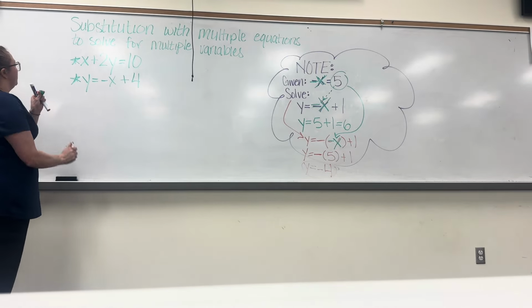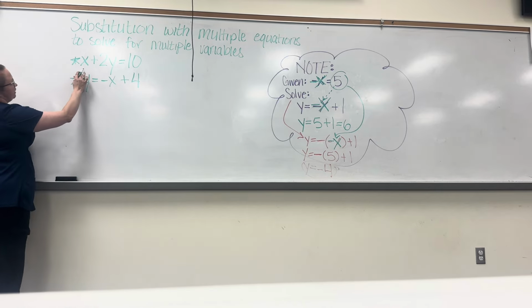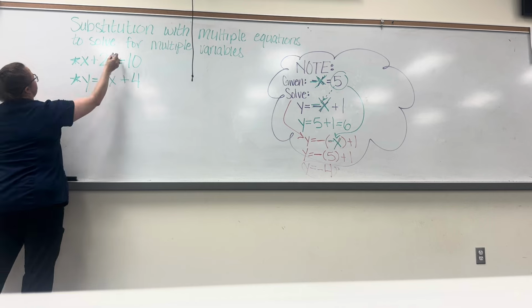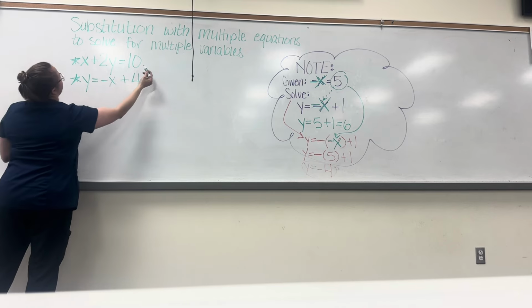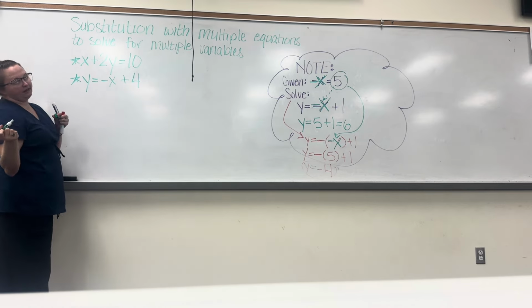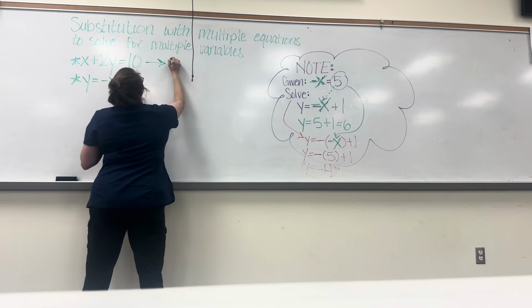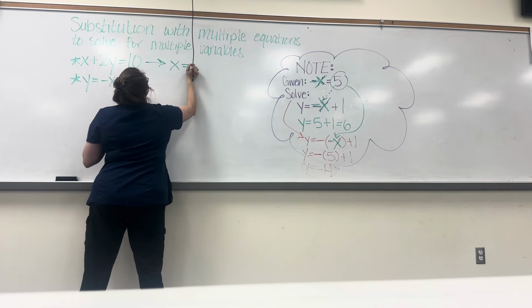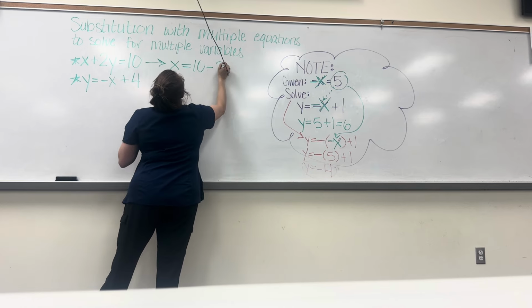So let's go ahead and solve for x first. So we know to solve for x, all we're going to do is take the 2y, subtract it, bring it over here to this side, and that'll give us our x, okay? So x equals 10 minus 2y.